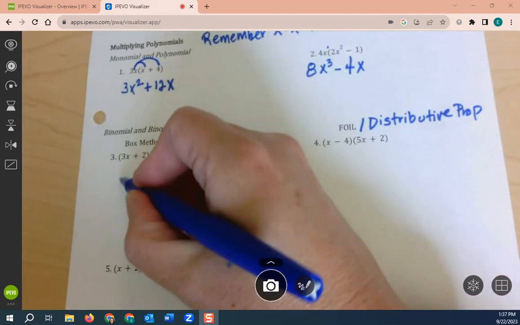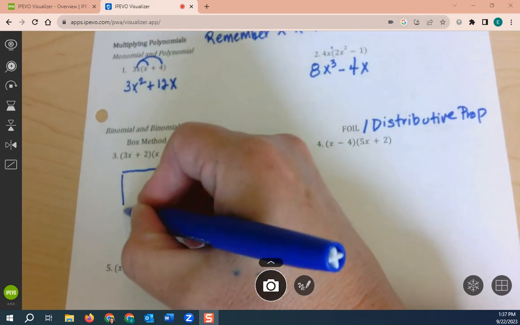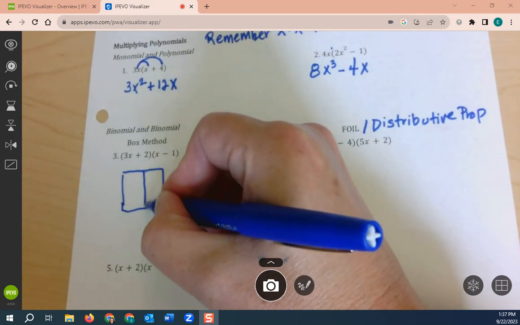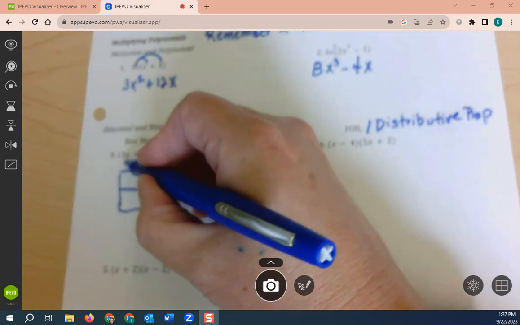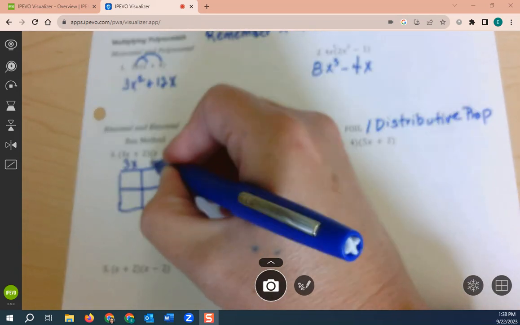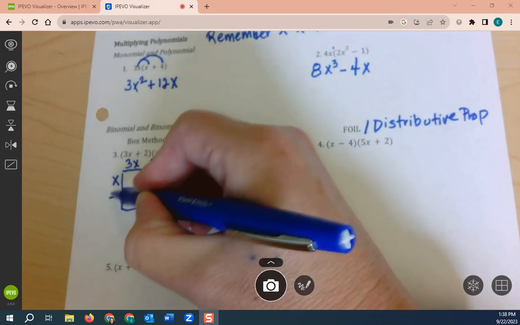So in the box method, you draw this 4x4 box. It's the same thing that you do in biology with your Punnett square. The 3x plus 2 will go here, and then the x minus 1 will go here.